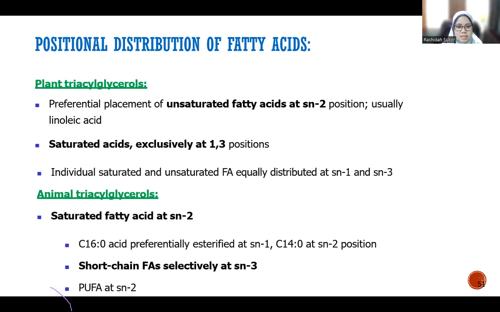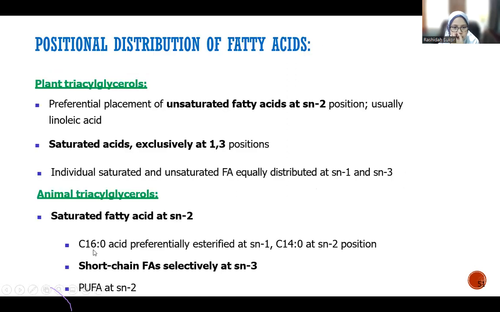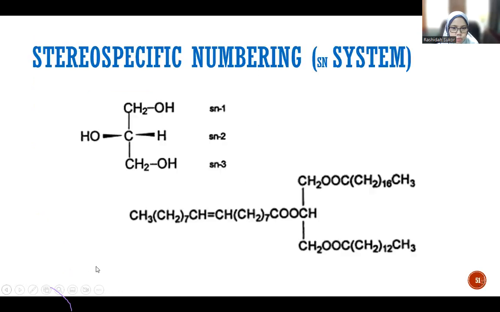Okay. For animal triacylglycerol normally is saturated at SN2. For example, C16:0 dia esterified at SN1, C14:0 dia dekat SN2. Okay, kalau kita tengok ni kan, for animal lah, saturated fatty acid, C16:0 and C14:0 both are saturated also lah, satu dekat SN1, satu dekat SN2.